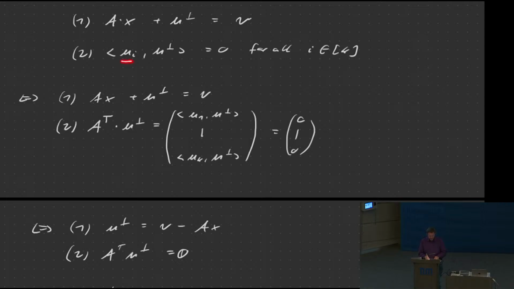Remember, those are the columns of A, so those are the rows of A transposed. And if you do matrix multiplication, you always multiply a row of the left and the column of the right matrix. So here we multiply all the rows by this vector, and that means we're taking the scalar products. Each row of the result will be a scalar product of one column of A, or one row of A transposed, with this U ortho. And the condition is all of these need to be 0.